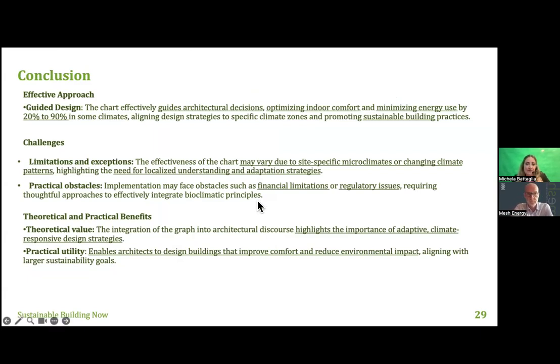Sometimes we could have some challenges that can be limitations. For example, there can be microclimate problems, or changes in the pattern of climate. There can also be financial limitations or regulatory issues, because not all these designs can be implemented in some countries.